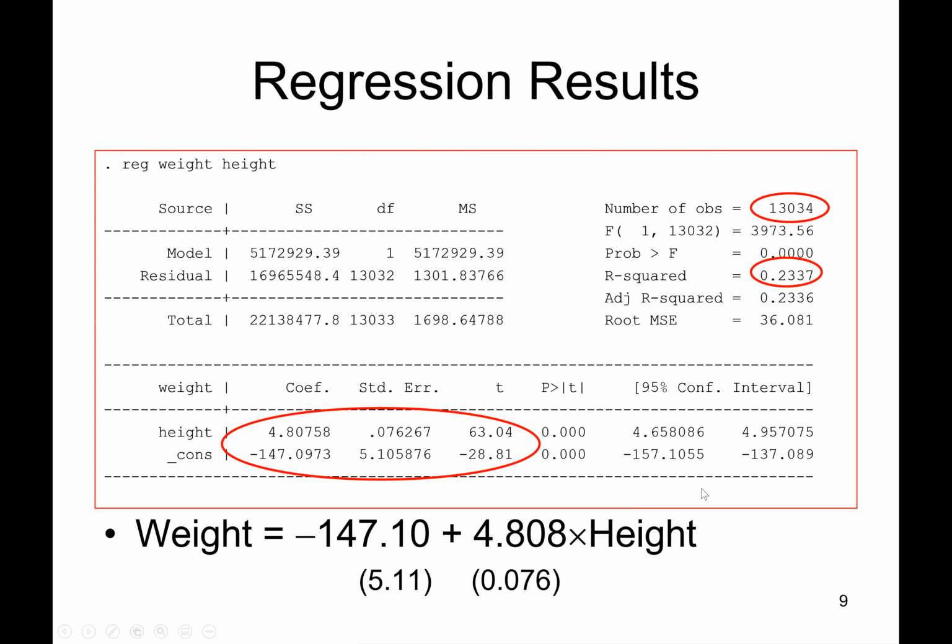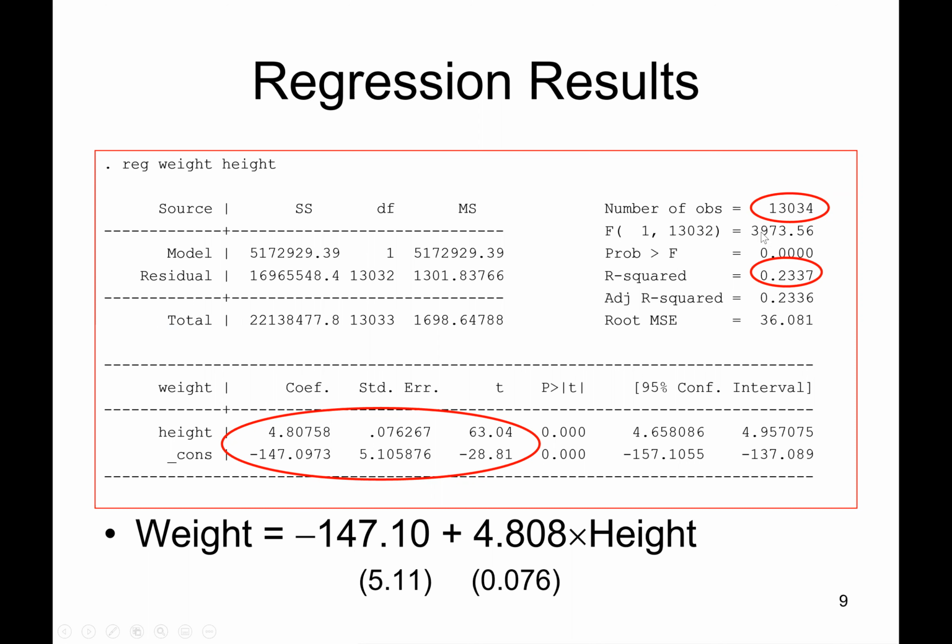So the easiest things to start with are over here, we have the number of observations. As we talked about before, there are 13,034 observations in our data set that are included in this regression. We have an F statistic here, which tells us about the model and whether all of the parameters that we're estimating are equal to 0.